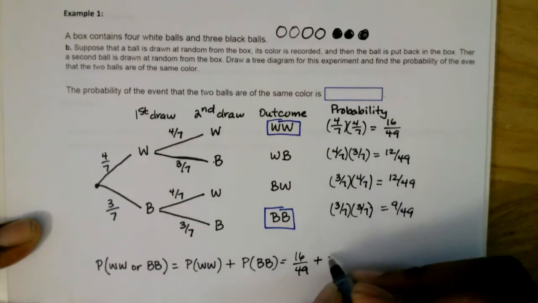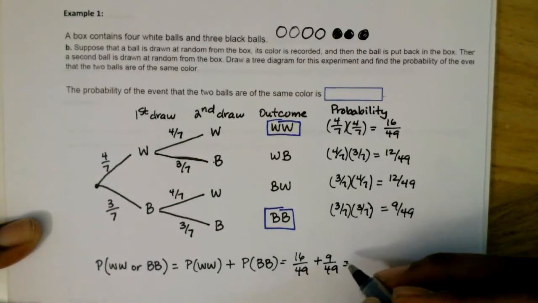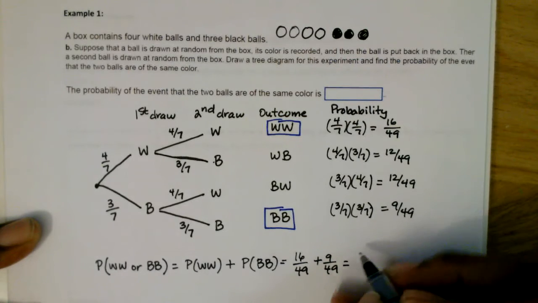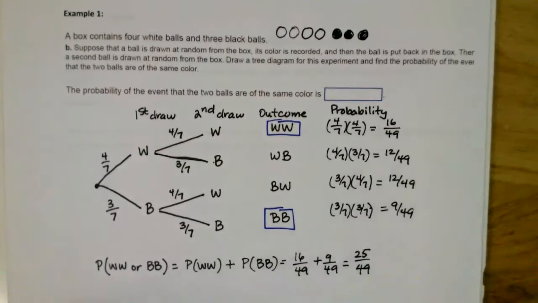That's 9 over 49. So 16 over 49 plus 9 over 49 would be 25 over 49. So the probability of the event that the 2 balls are of the same color would be 25 over 49.